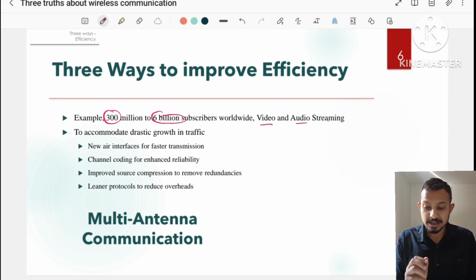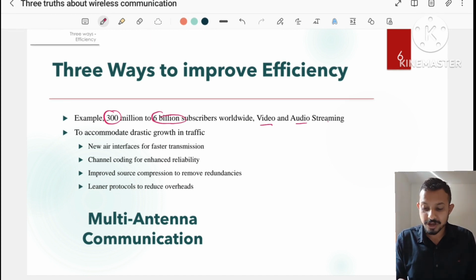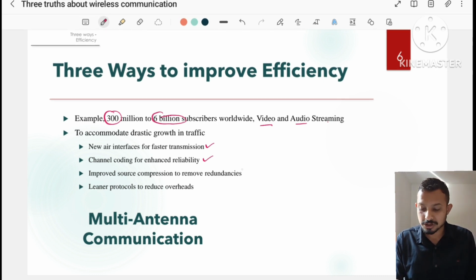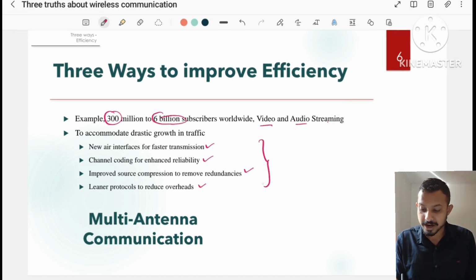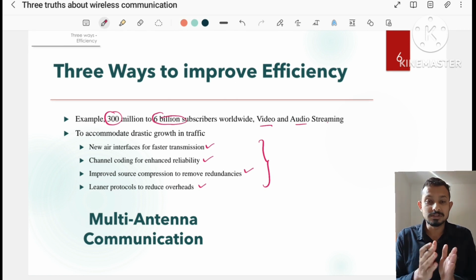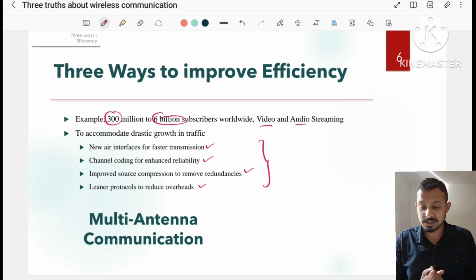So to accommodate this drastic and dramatic growth in the traffic, new air interfaces for faster transmissions, channel coding for enhanced reliability, improved source compression to remove redundancies, and leaner protocols to reduce overheads are some of the ways that are contributing towards this enhancement of the efficiency.